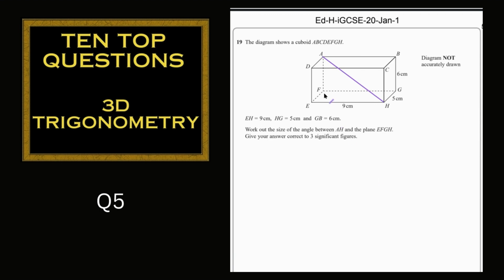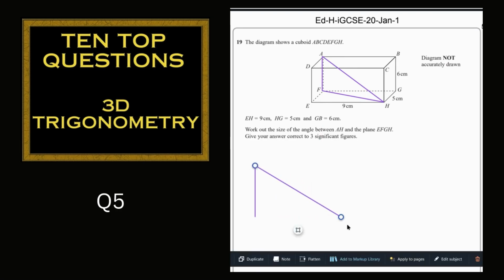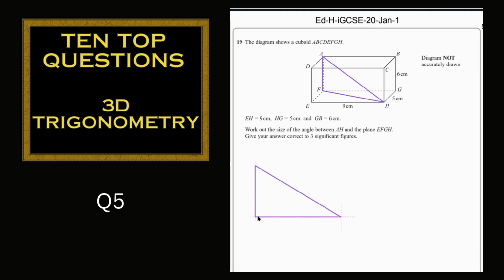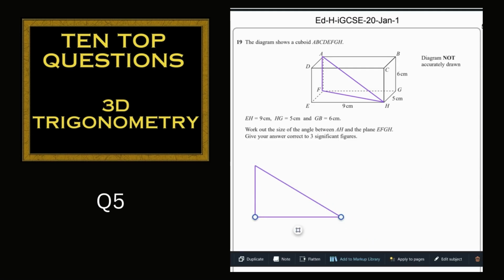Get it drawn. The shadow that would cast, shining a torch from above, would be F to H. And there's the triangle. Not too bad actually, but I'm still going to stick with it's just easier, in my opinion, if you take it off the diagram.